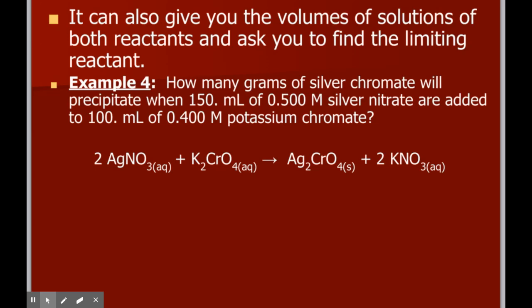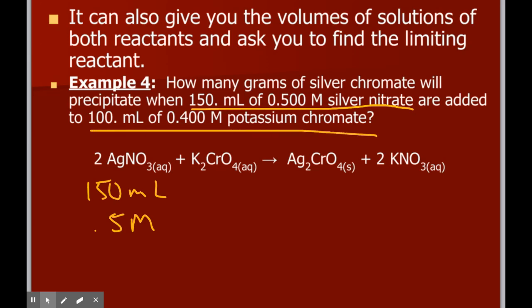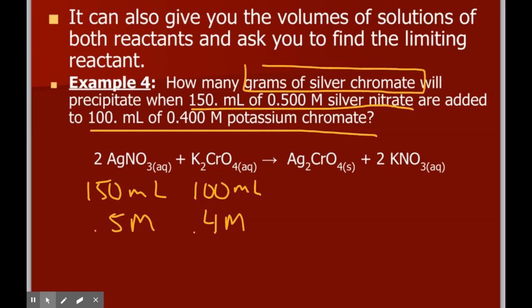So the first piece of information that is given is 150 milliliters of 0.5 molar silver nitrate. The problem also gives us 100 milliliters of 0.4 molar potassium chromate. And what we're looking for is grams of silver chromate.